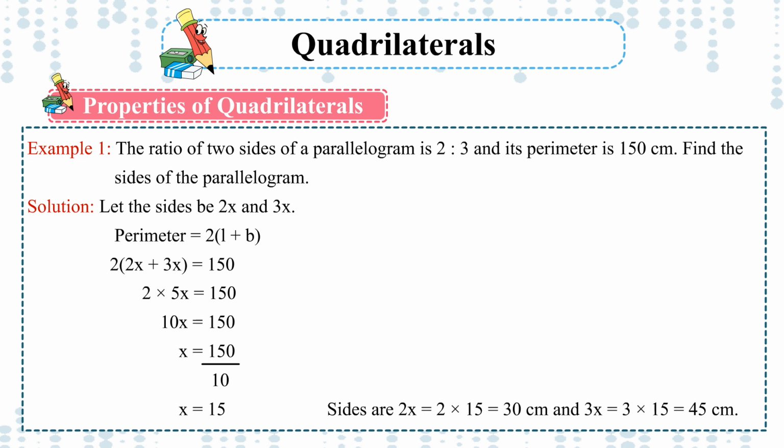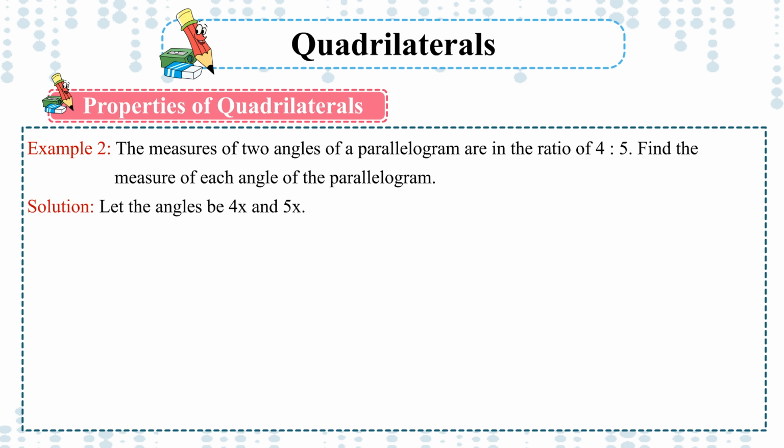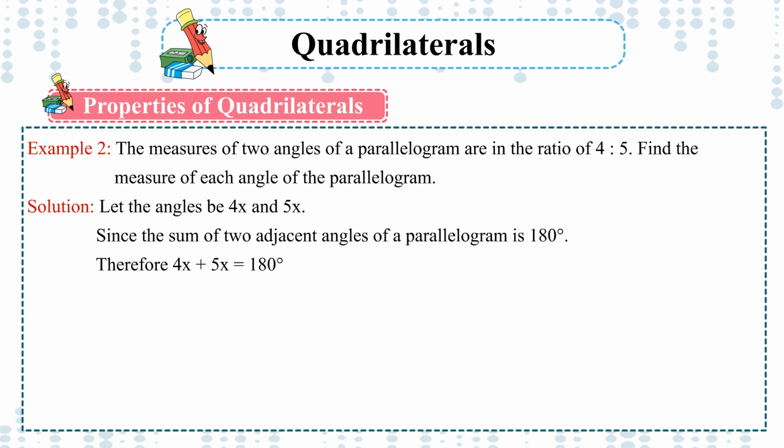Example 2. The measures of two angles of a parallelogram are in the ratio of 4:5. Find the measure of each angle of the parallelogram. Solution. Let the angles be 4x and 5x. Since the sum of two adjacent angles of a parallelogram is 180 degrees, therefore 4x plus 5x is equal to 180 degrees. 9x is equal to 180 degrees.